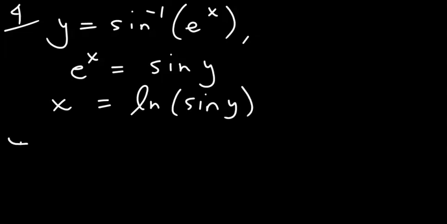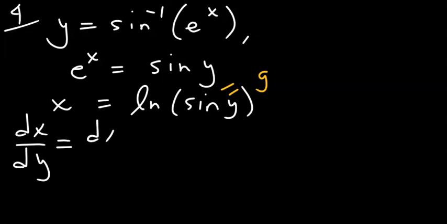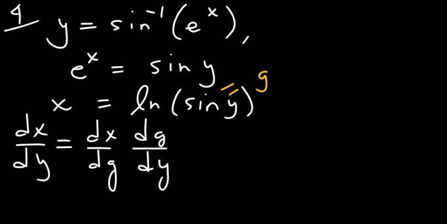Now this enables us to determine dx/dy. So dx/dy, now let's assume that sine y is a function g. So dx/dy is dx/dg times dg/dy. dx/dg is 1 over g. And dg/dy, since g is sine y, is cosine of y.